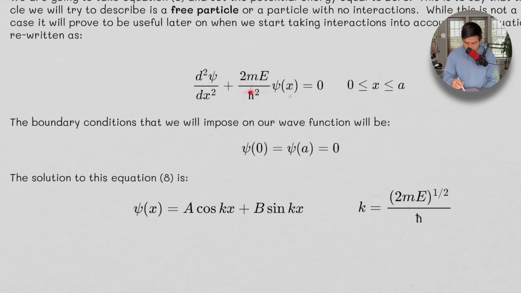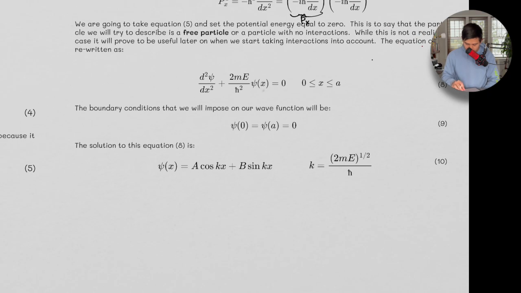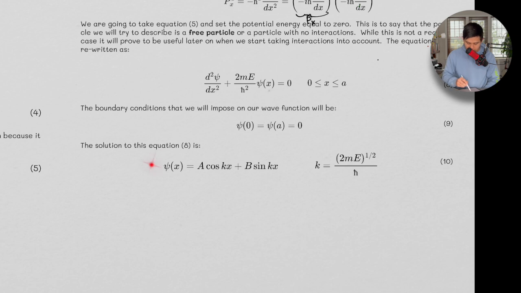This is just a constant. This here is a double derivative, and the double derivative of this thing is going to be 0. You could plug this into here and see that that is indeed the case.